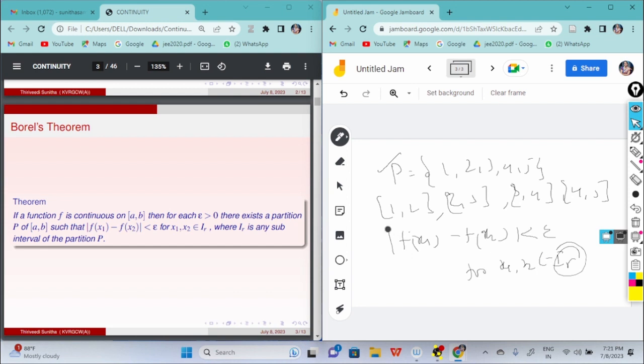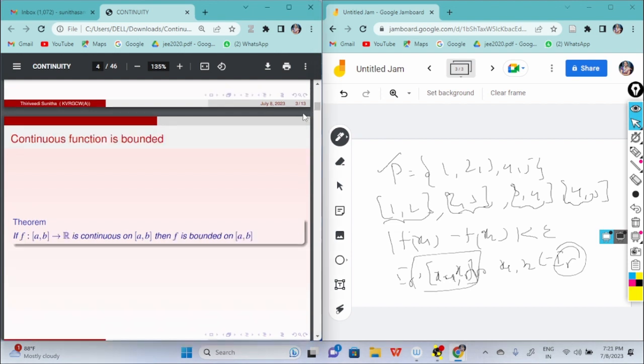Ir is a subinterval. These are the subintervals. So x1, x2 belong to any of these subintervals. That means Ir is [xr-1, xr]. That is the subinterval.